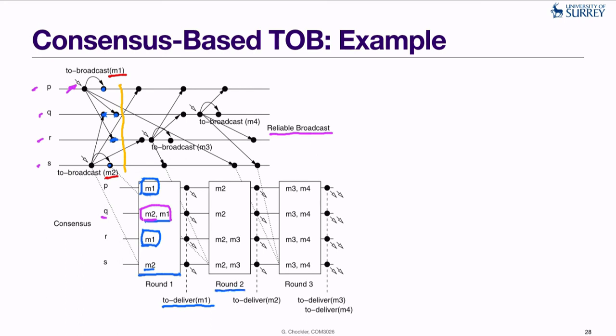So again, proposals are different. P proposes M2, Q proposes M2 as well, R proposes M2, M3, and S proposes M2, M3. But what is important here is that M2 is already everywhere. Okay, so M2 gets included in all the proposals, and even if they are different, whatever decision is made, M2 is going to be delivered, in this case, in round 2.